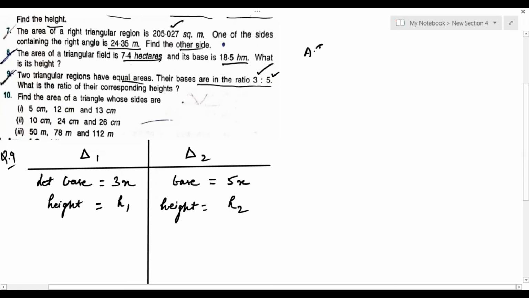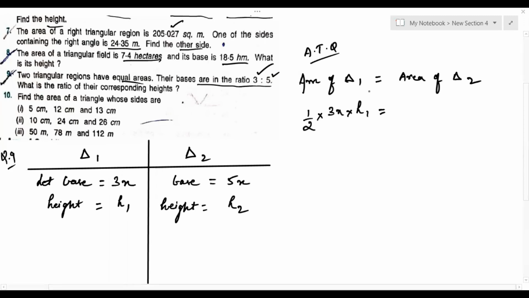And according to the question, they are saying area of triangle 1 is equals to area of triangle 2. So area of triangular 1 region will be the same formula, half into base 1, 3x, into height h1. Similarly, area of triangle 2 region will be equals to half into base into height h2.